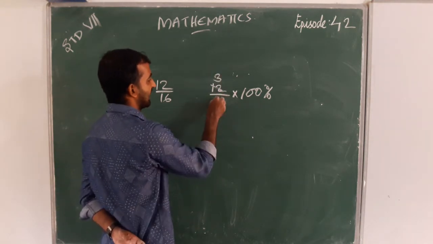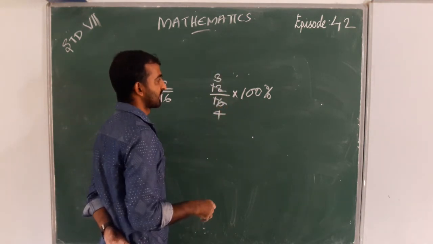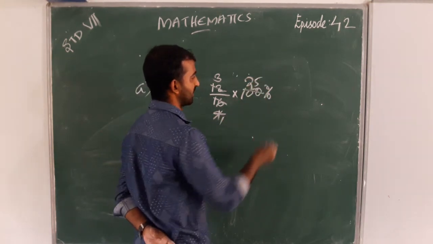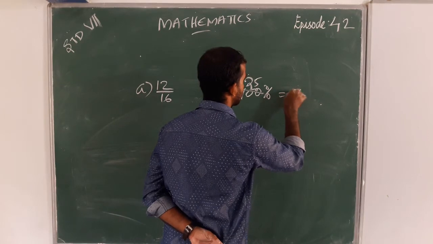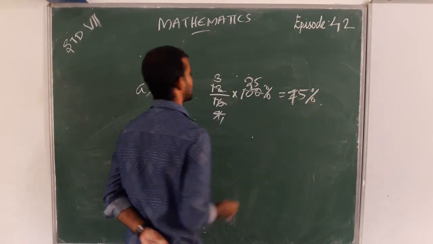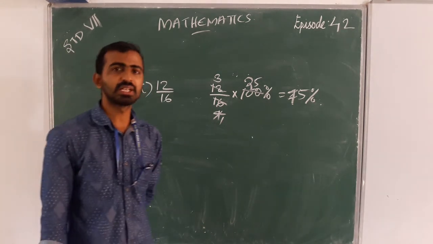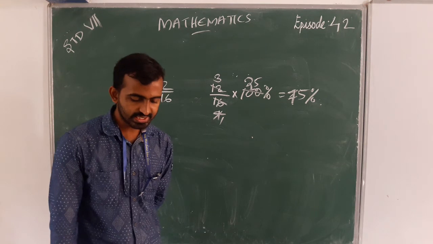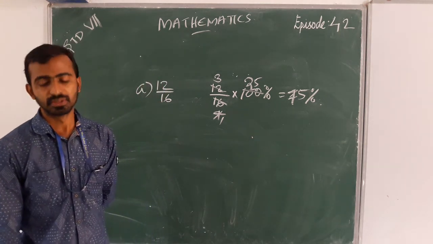Here is 3, here is 4, that is 1, this is 25. We get 75%. 3 into 25, we get 75%. And next is 3.5.